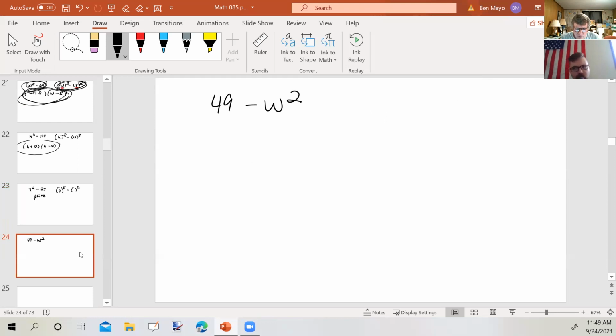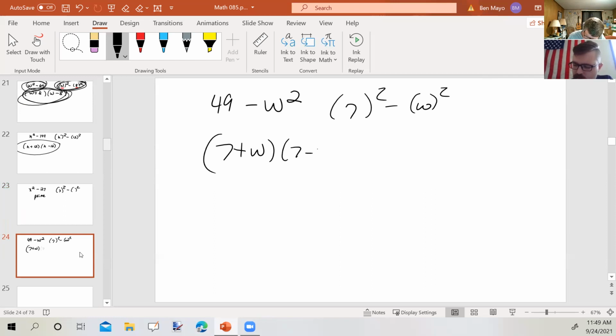With a binomial, standard form isn't as important as the difference of two squares. And let me show you. I'm going to leave it like it is, and then I'm going to say, oh, can I write it in this form? 7 plus w, 7 minus w. And that is a correct answer. Okay, that's the easy way out.